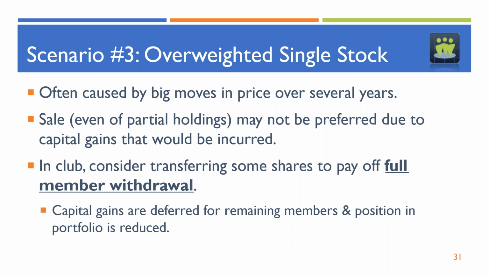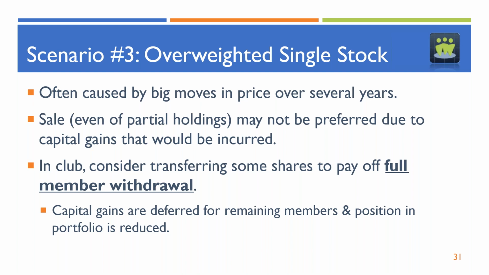In a club, you can definitely use strategies such as paying off at least part of a full member withdrawal by transferring shares of that highly appreciated stock. The capital gains then get deferred for the remaining members, and you're improving the portfolio as well.